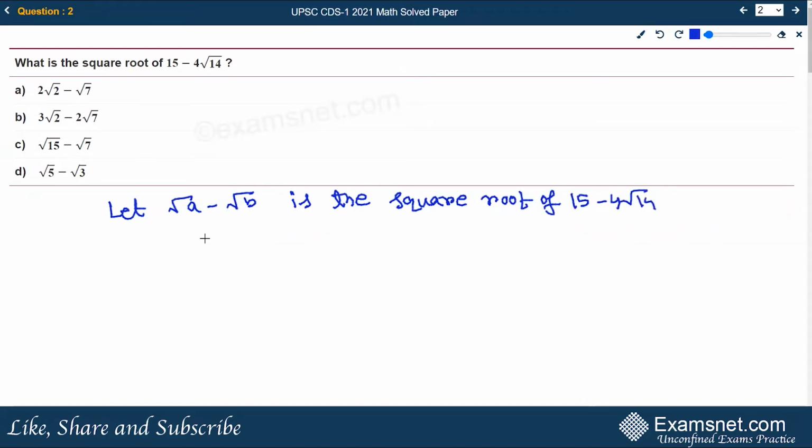How can we represent it mathematically? 15 minus 4 root 14 equals root A minus root B whole square, because this is the square root of 15 minus 4 root 14, right?